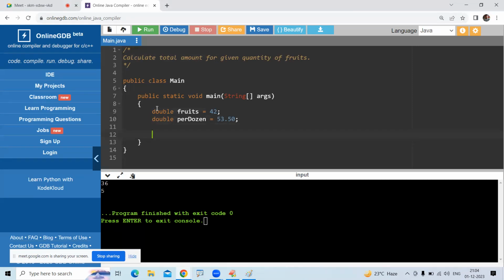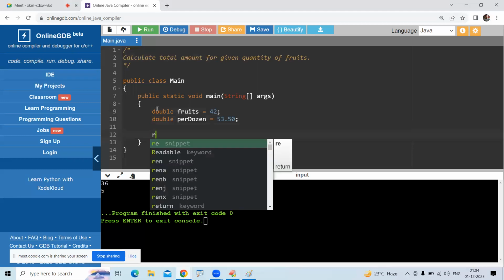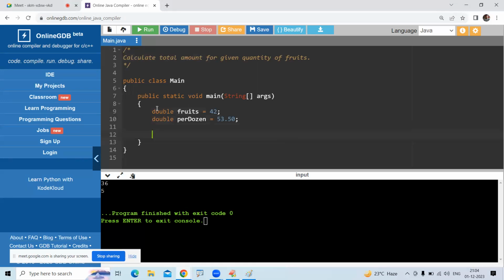How can we find? First, individual fruits are there. You need to convert into dozens. So total number of fruits divided by 12. Now the fruits converted into dozens, then multiplied with the per dozen cost.